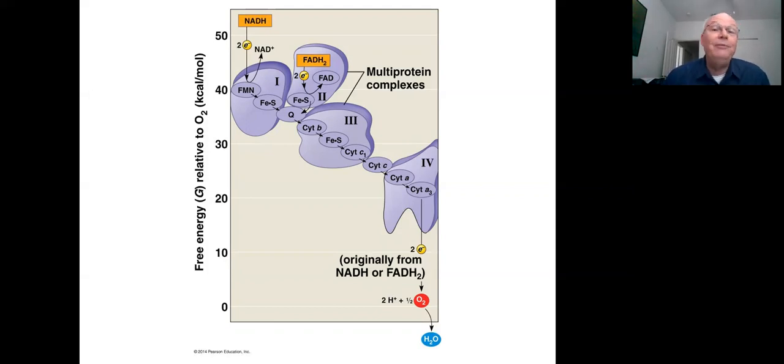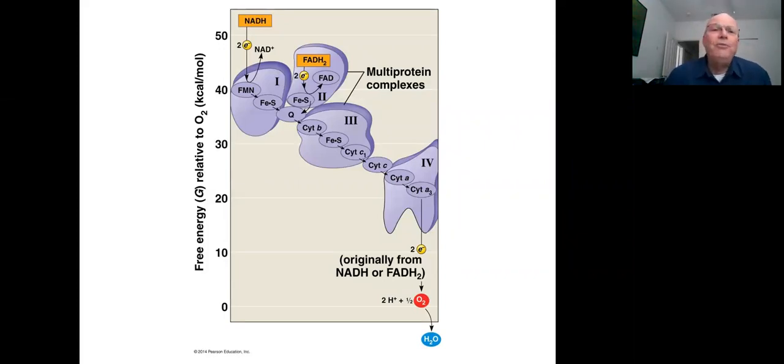At the top, we have NADH, which is weakly electronegative, meaning it will gladly give up its electrons under the right circumstances. So consequently, because it has electrons to give away, it has free energy to give away. So it has high free energy, low electronegativity. And that's really all you need to know to understand how the electron transport chain works.